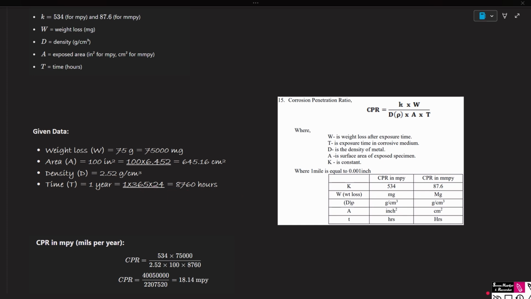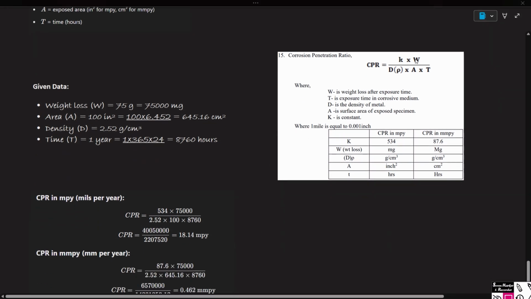So coming to the problem, just write down the formula given in the VTU handbook. It is given on page number 4, and the VTU handbook will be provided in the examination. If they don't provide it, you need to ask and get it from them. So writing the K value for MPY, it is given as 534, and weight we got is 75,000 milligram, divided by density 2.52, which we keep the same, and into area.